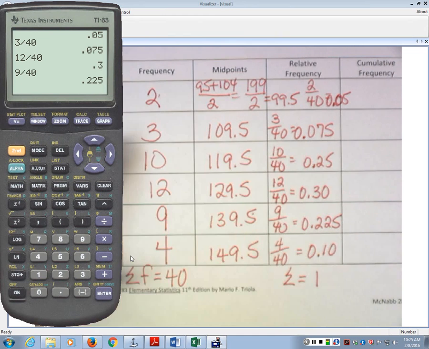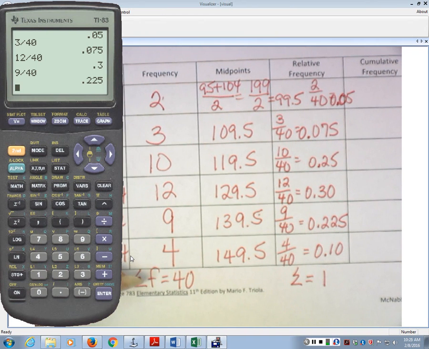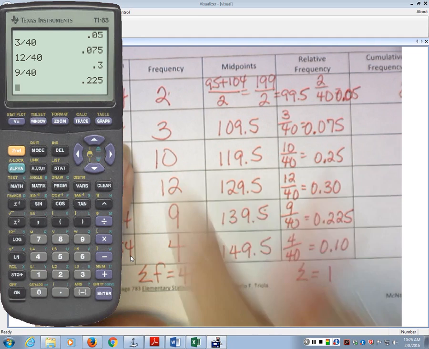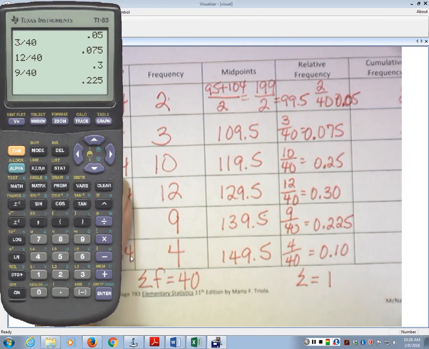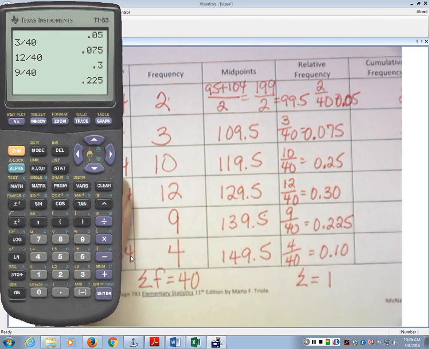Cumulative frequency says how many are in this first class, no more than 104. Well, there's only 2. But if I said how many are 114 or less, that would be these 2 plus these 3, which would be 5. And if I said how many were 124 or less, that would be these 2, these 3, and that 10, which would be 15.